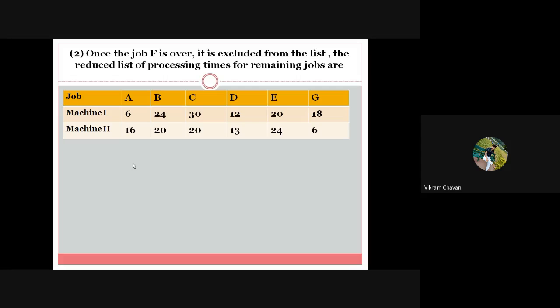Please comment in the chat box. Because now here the decisions are changing related to the selection. Okay, so there are some different kinds of rules we need to apply when such situations arise. Okay, so which job is having the lowest processing time in this particular chart?